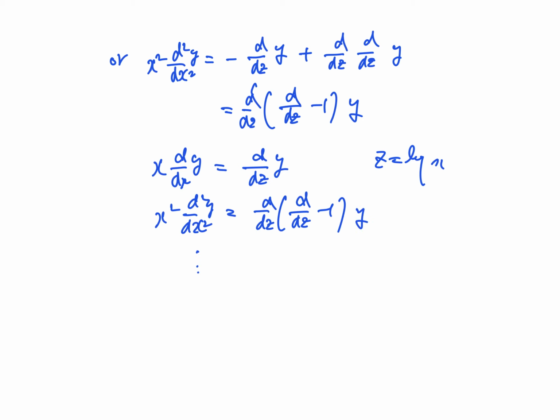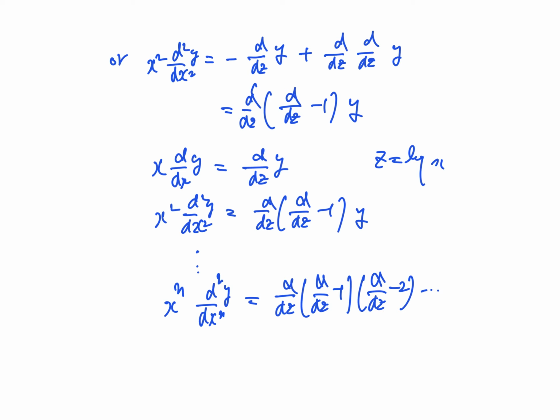If we continue, x to the n d^n y over dx^n is d/dz (d/dz minus 1)(d/dz minus 2) up to (d/dz minus n plus 1) y.